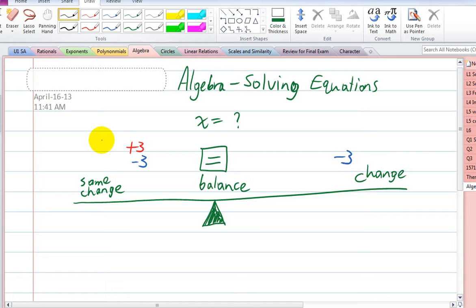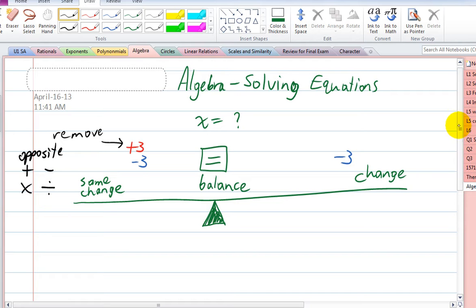Then this is removed, and you're still in balance. You want to remove the plus 3, so you minus 3. You remove by doing the opposite. The opposite of plus is minus. The opposite of multiplication is division.